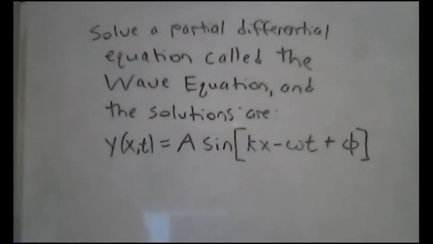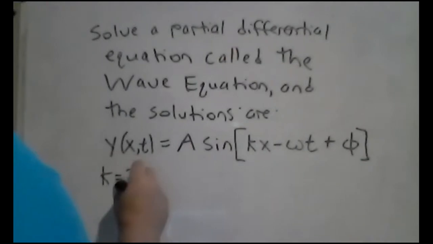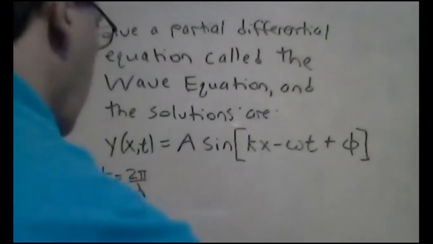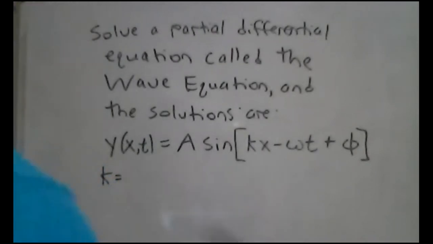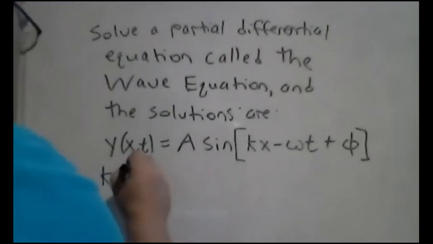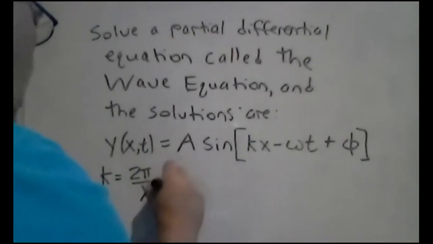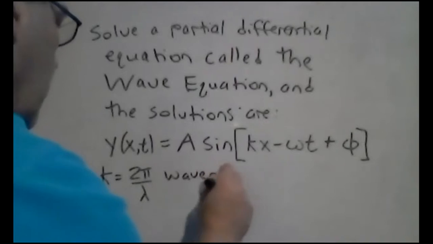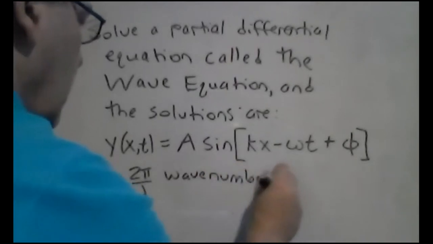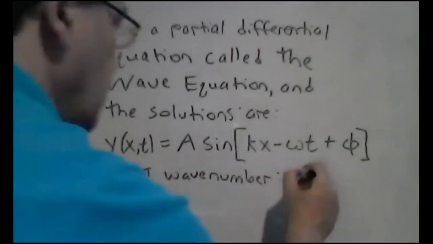But so what's k? K is called a wave number. It's 2 pi divided by the wavelength. It is in terms of radians per meter.